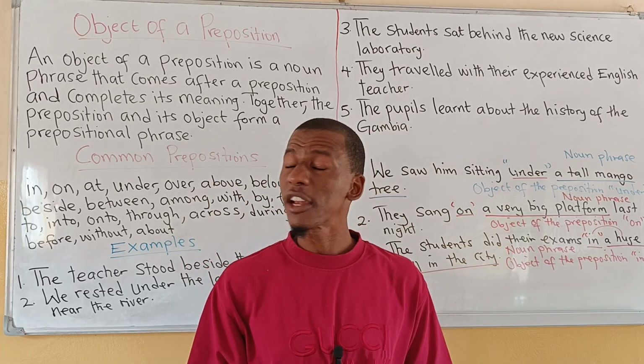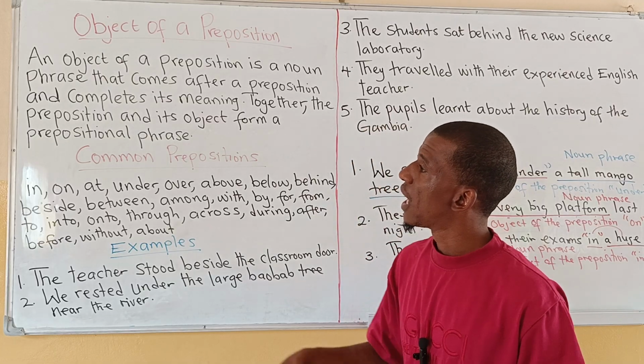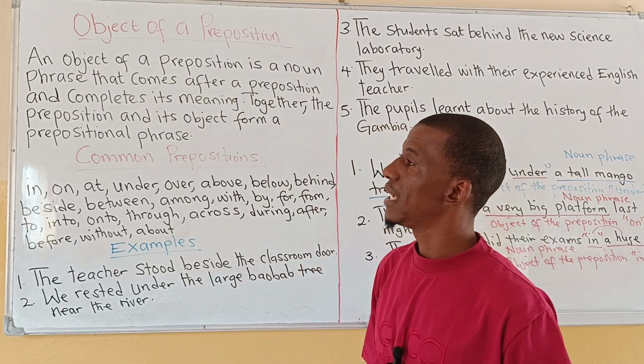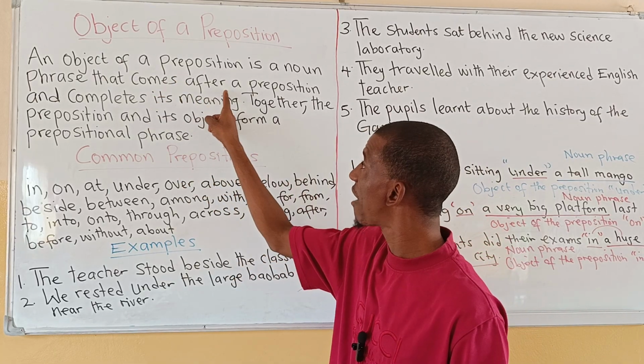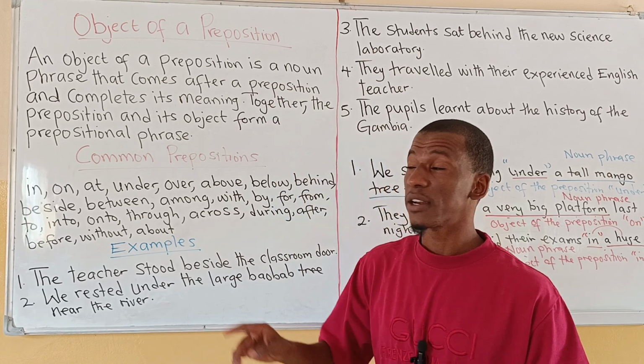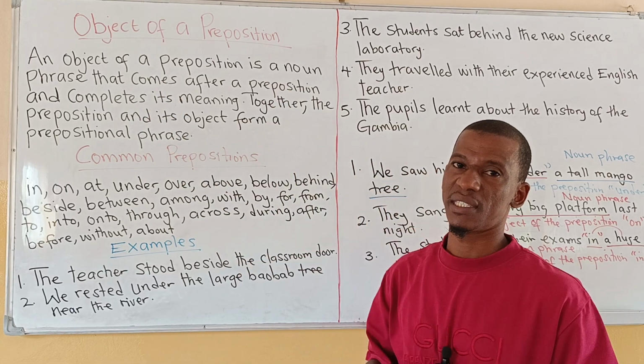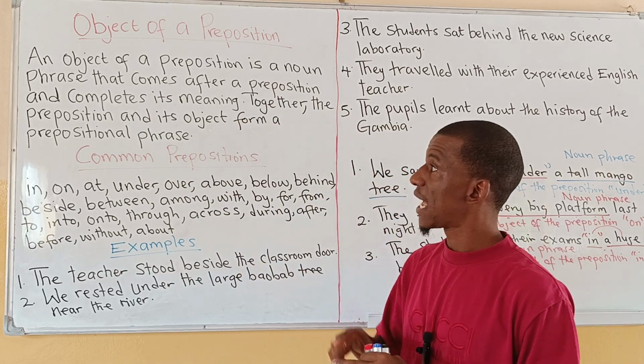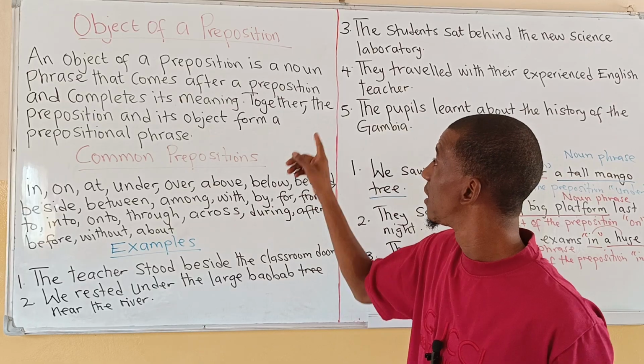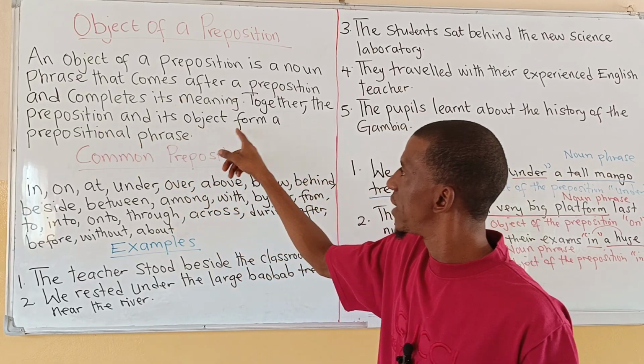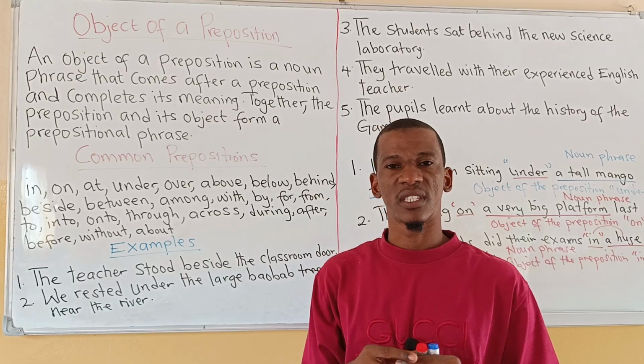Okay? Good. Now let us look at what we have on the board. We said an object of a preposition is a noun phrase that comes after a preposition and completes its meaning. That is the meaning of it. Together, the preposition and its object form a prepositional phrase. What are we trying to say?